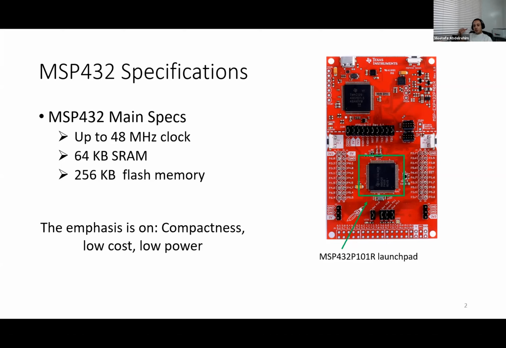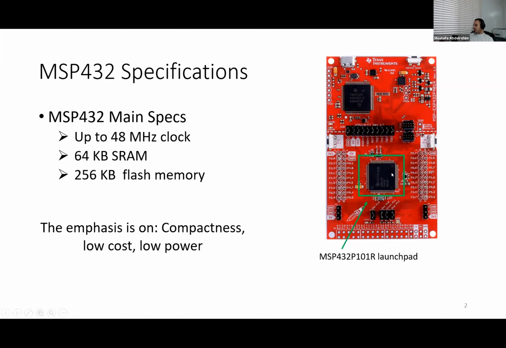While the static RAM is used at runtime. If you create some variable, it's created there, and when you update this variable, the updated value goes to the RAM, not the flash memory.